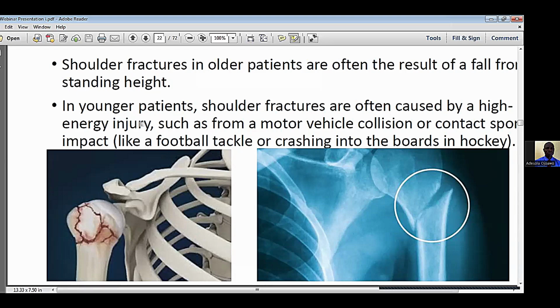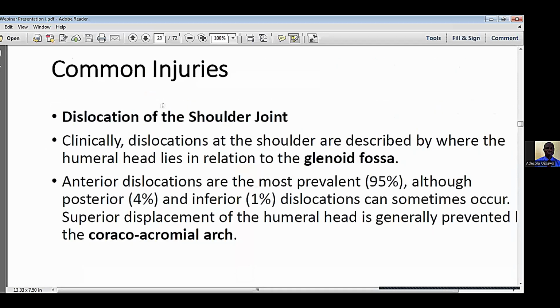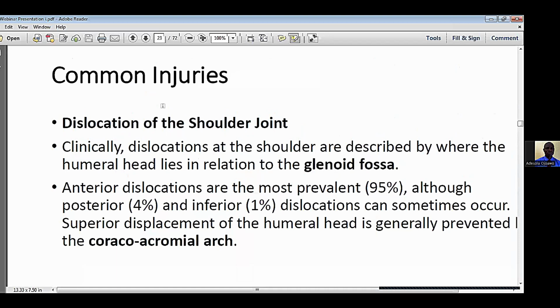Crashing into the boards in hockey can cause it. Road traffic accident can cause it. There can be pathological injury, but that may not be common. Those are some of the causes of fracture we may have at the shoulder joint. But I try to come out with common injuries as well.